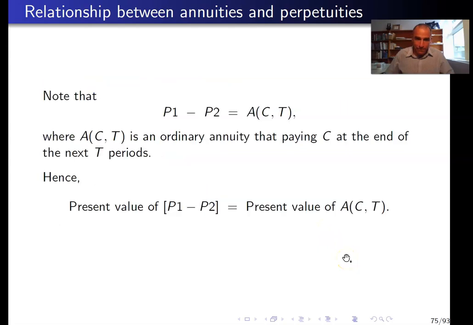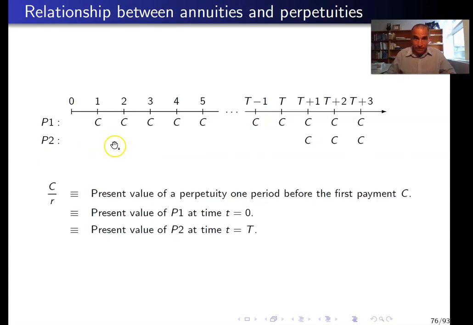Okay? So P1 minus P2 is the regular annuity that pays C over the next T years, right? P1 is C, C, C, C, C forever. P2 is C forever beginning at time T plus 1. So P1 minus P2 is equal to a payment of C over the next T years.